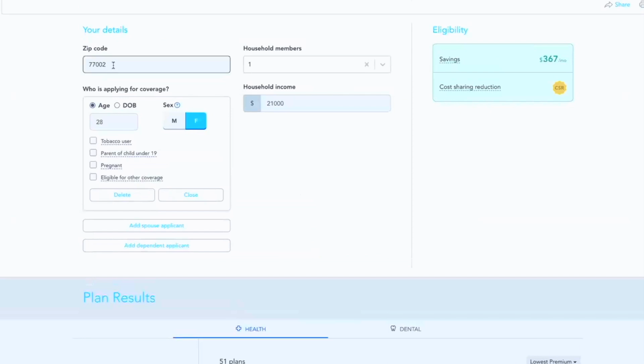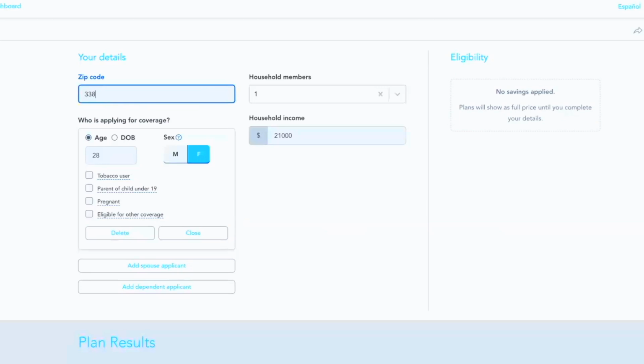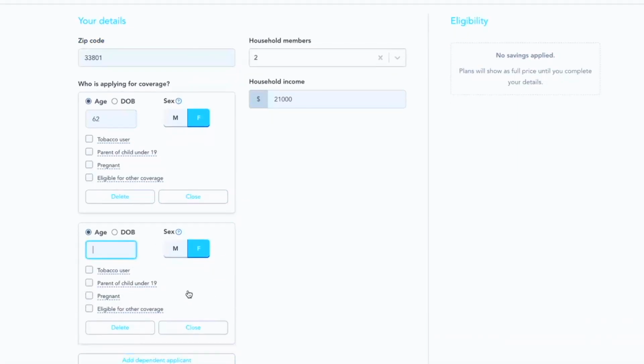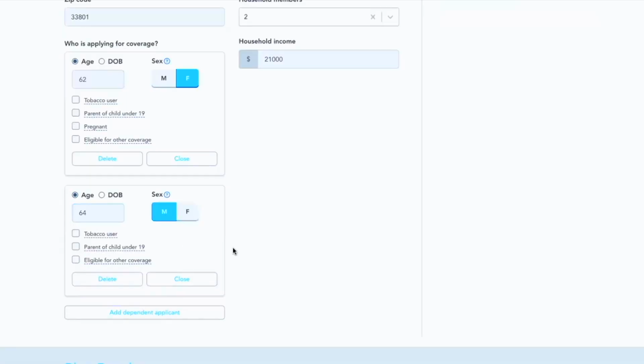Okay, let's try a zip code in Florida. Let's say this person is 62. Let's add a spouse that is, let's say, 64, not quite ready for Medicare.